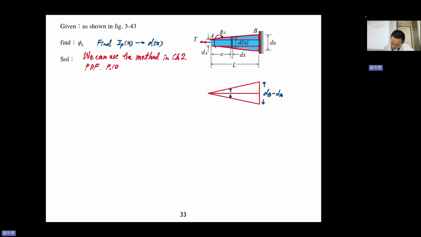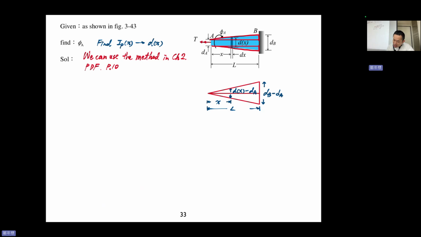Here, this is dx minus dA, right? And of course, this is x, and this is L. So all I have done here is only taking out this cone in the middle, taking it away, and we assemble the upper triangle and lower triangle together.